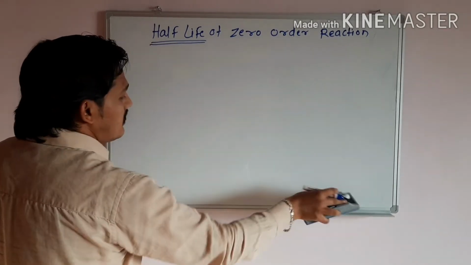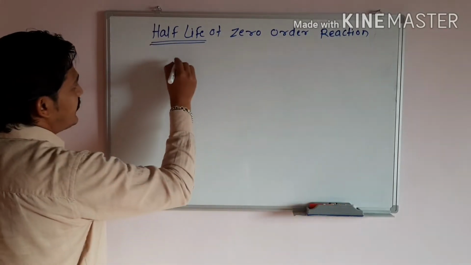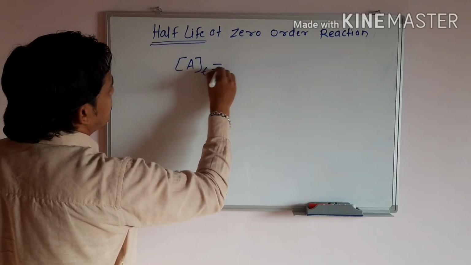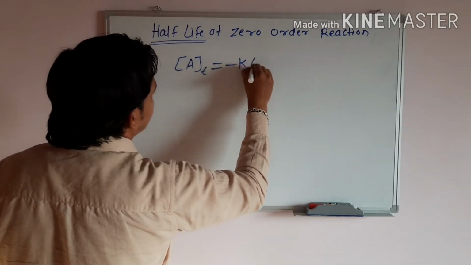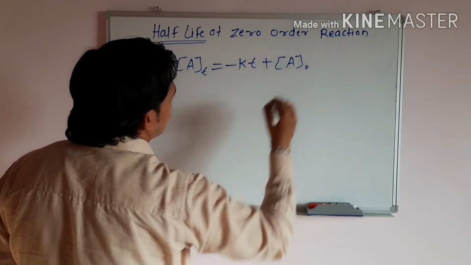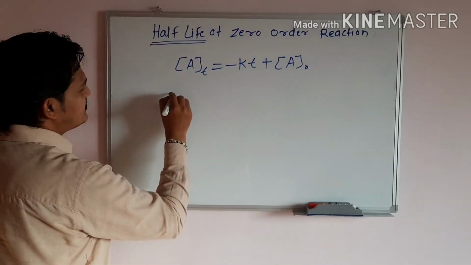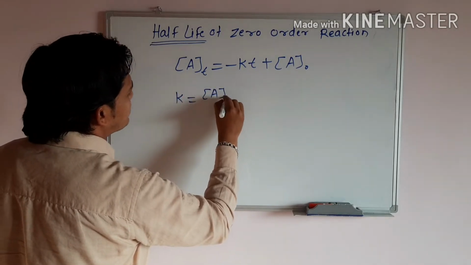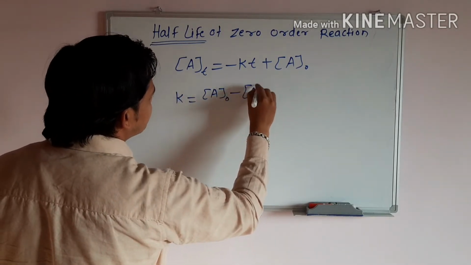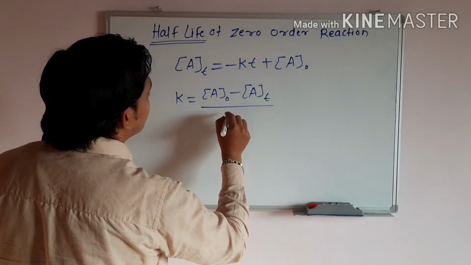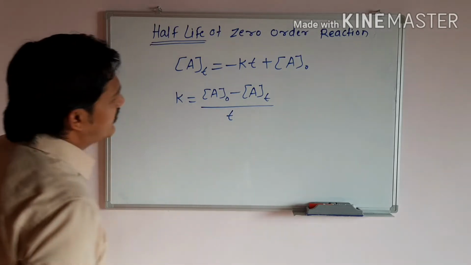So I am taking this formula once again, that is AT is equal to minus KT plus A0. You can use this formula also to calculate half-life for a zero order reaction. This is the final formula for the rate constant, that is the integrated rate law for a zero order reaction.